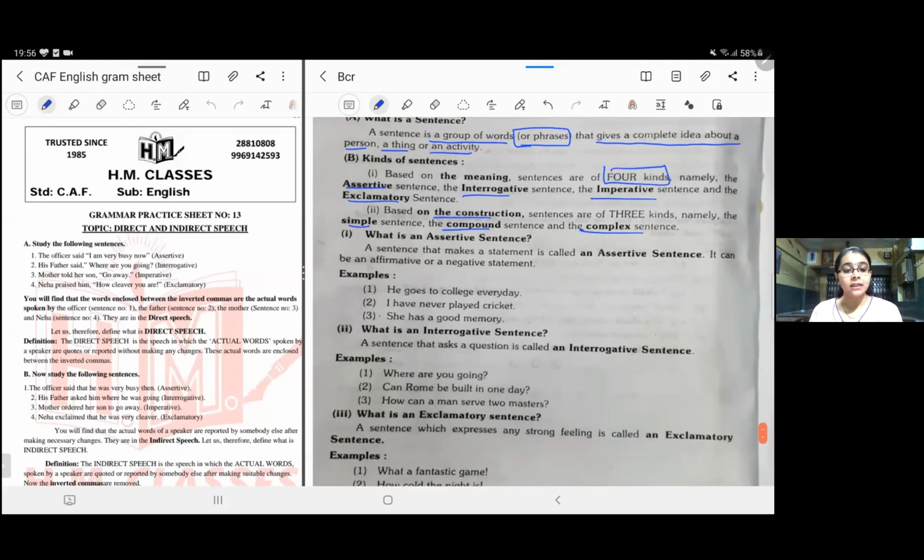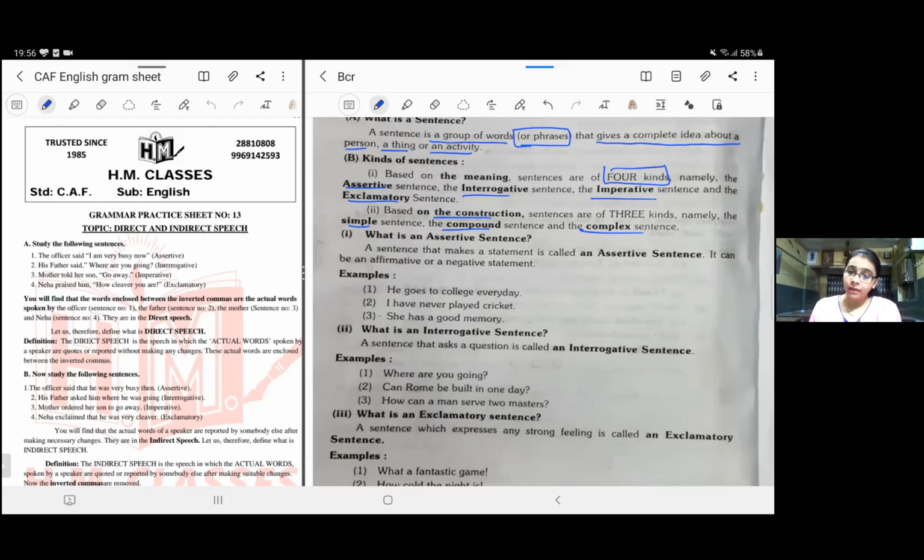Now, what is an assertive sentence? An assertive sentence is a sentence that makes a statement, फिर वो negative हो या positive हो. Both are statements, जैसे मैंने अभी बताया, I am playing, I am running, I am eating. That is called an assertive sentence.